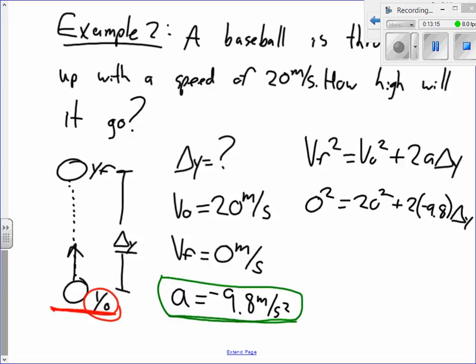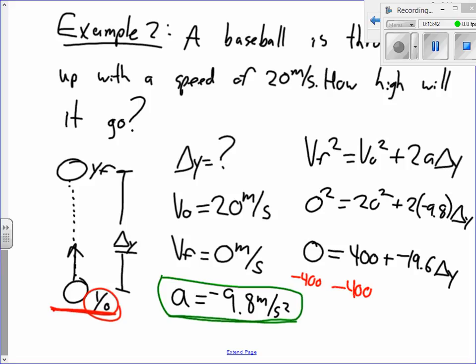So the next line down, you'll see the mistake I made earlier pops up in this problem. 0 equals 400 plus negative 19.6 change in y. So there it is. That's what I was trying to do before, but I made a mistake. To solve, we'll subtract 400 from both sides.